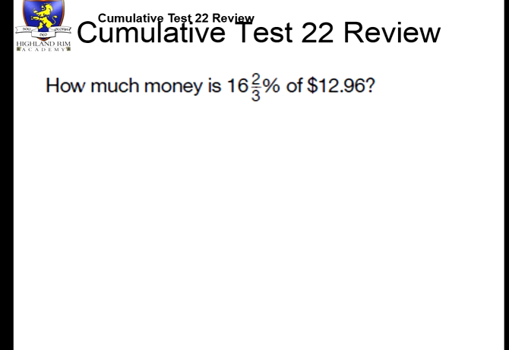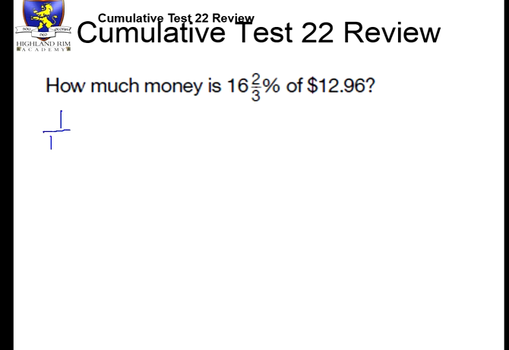This last question that we're going to do in this section: how much money is 16 2/3% of $12.96? Well, we can break that up into a decimal, and we'll come out with 0.166. We can break it up into a fraction, and we'll come up with 50 over 300. Or why don't we just reduce that down to 1 over 6. So 16 2/3% is 1/6.